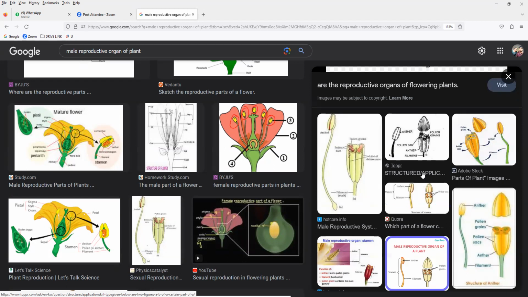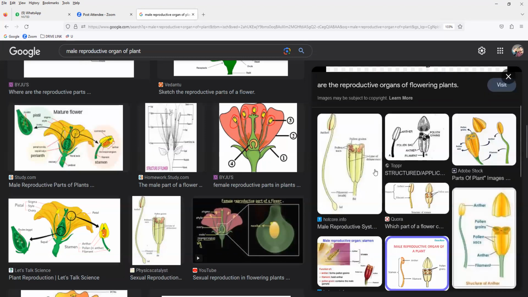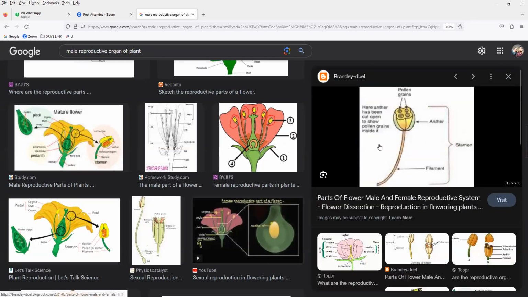Please write it. Take any one diagram and draw it. It is very important to draw the diagram. This is a nice diagram, so all of you draw it. Stamen contains how many parts? It contains two parts.